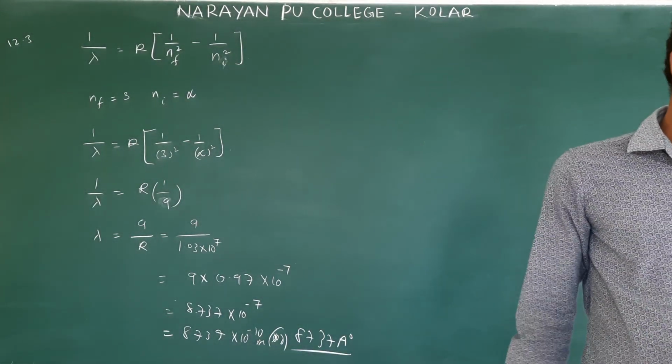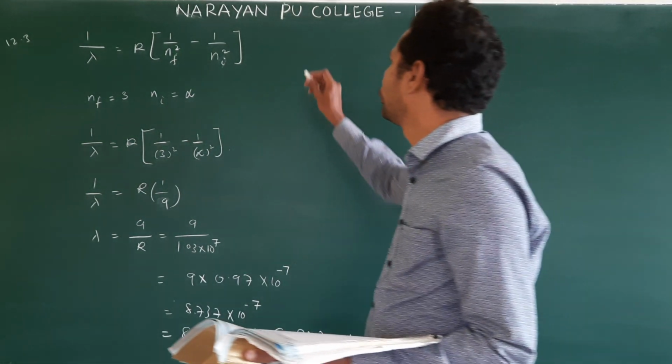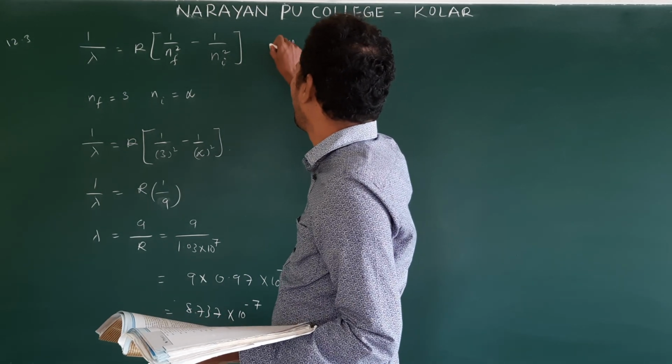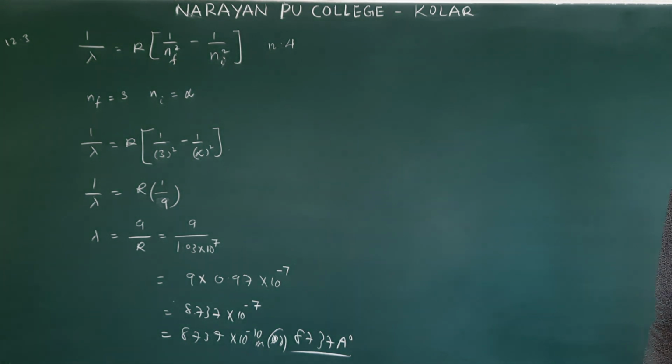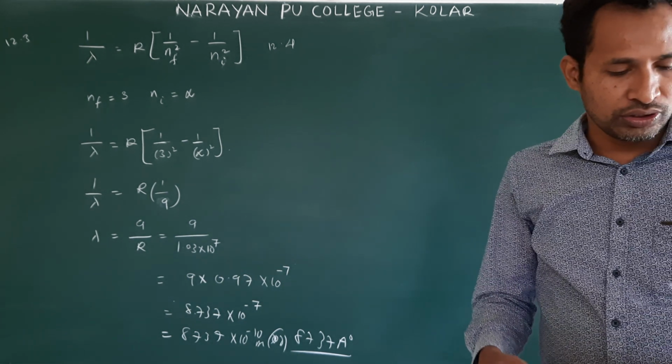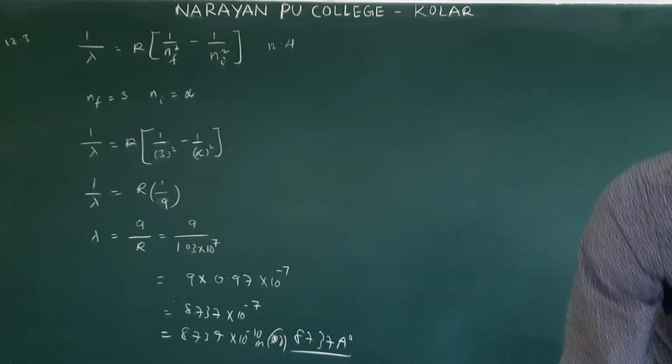Next, 12.4. A difference of 2.3 eV separates two energy levels in an atom. What is the frequency of radiation emitted when the atom makes a transition from the upper level to the lower level? So the energy gap is already given.